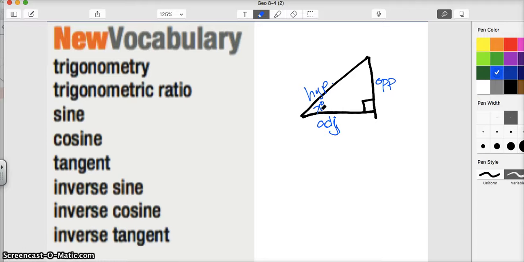So when I'm standing at this angle, there are specific relationships that I can talk about within the ratios in this triangle. Remember what a ratio is? It's the comparison of two numbers.